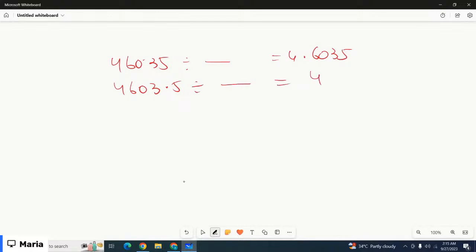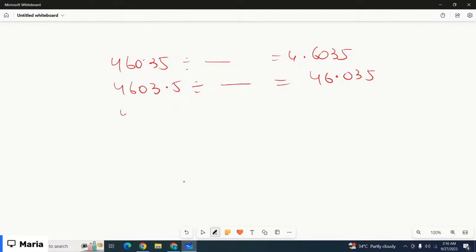The next example is 460.35 divided by the missing number equals 4.6035. Then you have 4603.5 divided by the missing number equals 46.035.